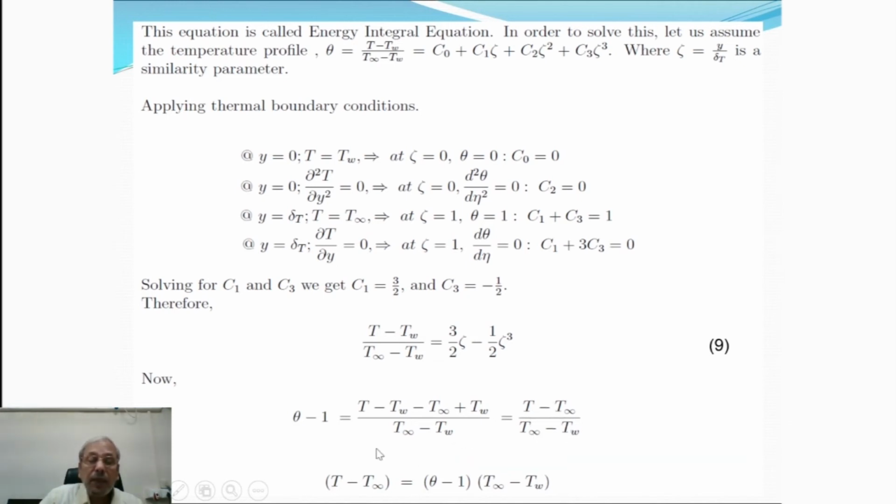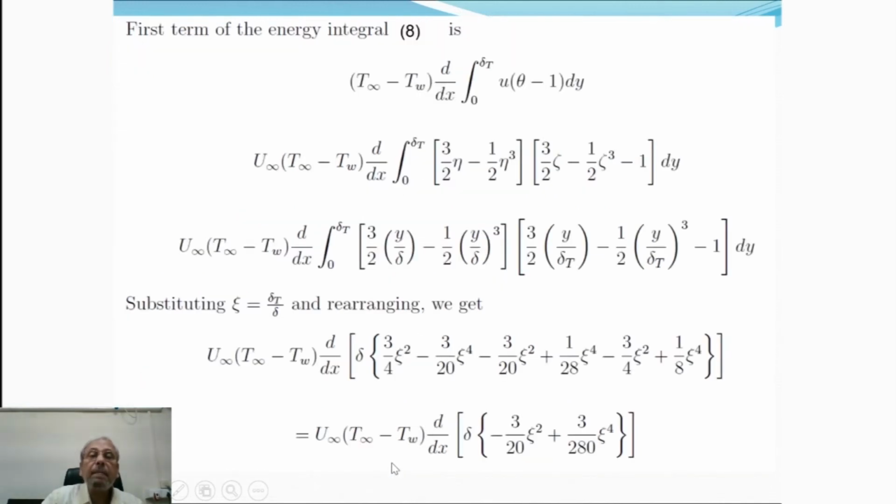From where we get T minus T infinity equal to (theta minus 1) into (T infinity minus TW). We find this expression for T minus T infinity just for ease of our operations.